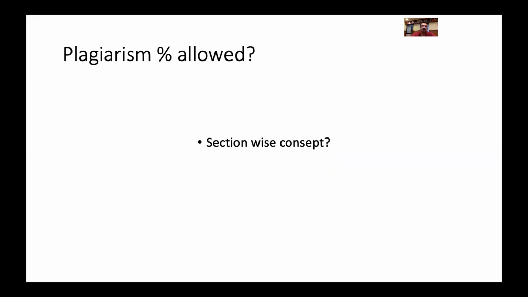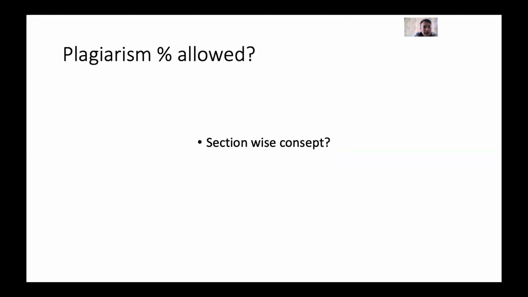So does the similarity percentage in various sections of the paper make some sense, like the introduction? Yes. There are methods in the software by which you can exclude certain sections also.